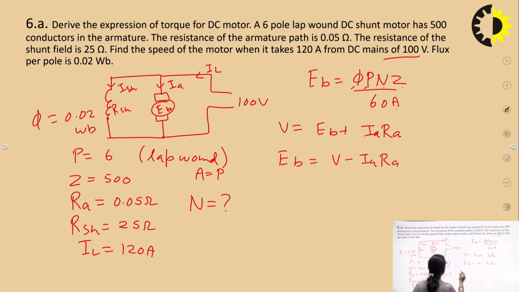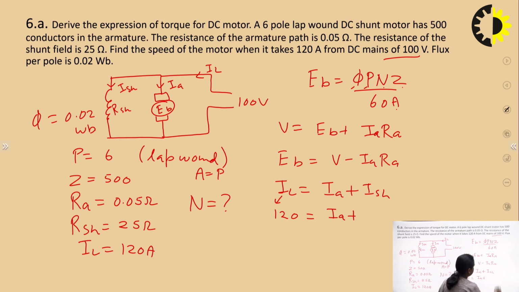So how will you find the value of Ia? Now first we will see the current relation. IL is equal to Ia plus Ish, right? IL value is given, 120. Ia is not given, we will find it by using this equation. What is the value of Ish?